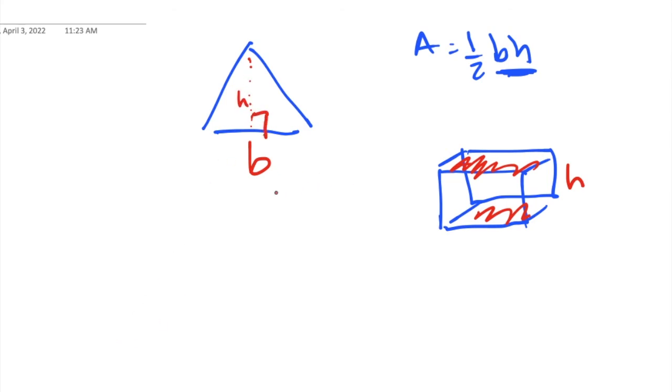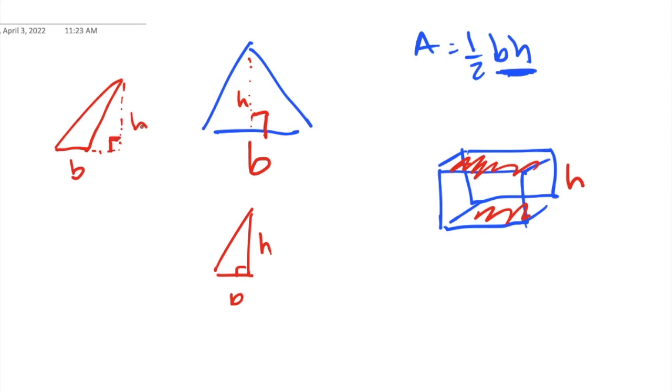So a base and a height are perpendicular to each other. If the triangle was like this, the base and height are 90. And if the triangle is more tilted over, this could be our base. Our height, again, would have to be the amount that is perpendicular to the base. So the height would be like that.